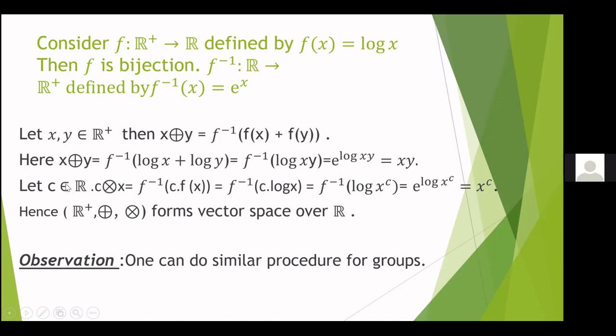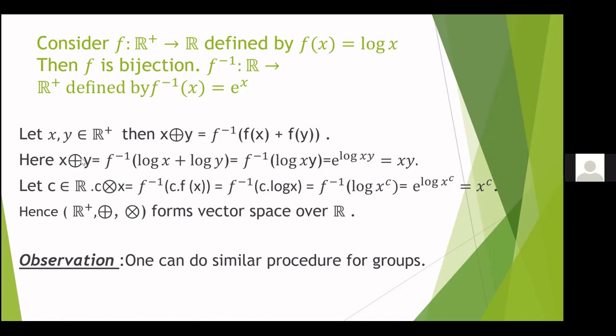And if I take any c from the real numbers, then c dot x will be f inverse of c dot fx. Since fx is log x, then c dot fx will be log of x power c. And with f inverse, it will be e to the power log of x power c, and it will give me x to the power c.